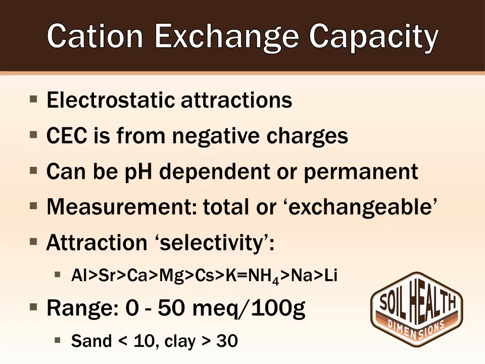Certain elements with multiple charges, listed here to the left, like aluminum and calcium, are held tighter to exchange sites than elements with a single charge, like ammonium and sodium.